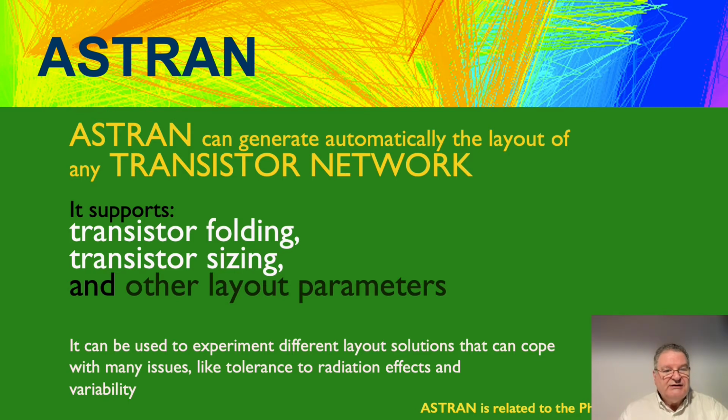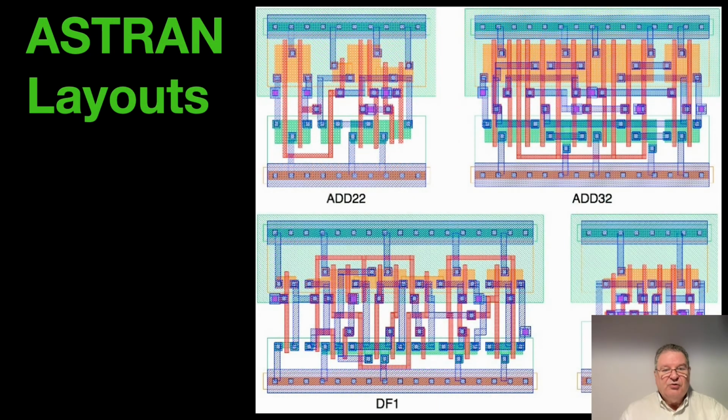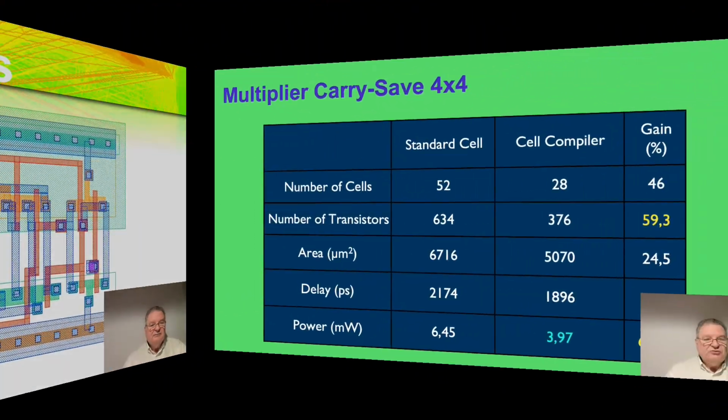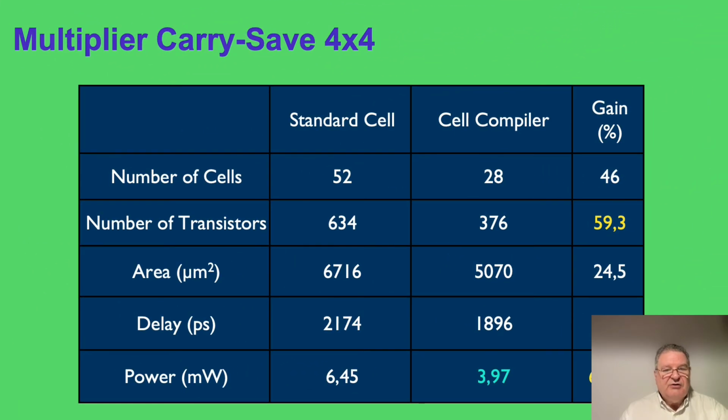One of the tools that was developed in our group was Astran, which supports transistor folding and transistor sizing. So here is an example of some cells that were designed completely automatically. A flip-flop also. Doing the design of each cell separately, it could even be done using different computers in parallel.